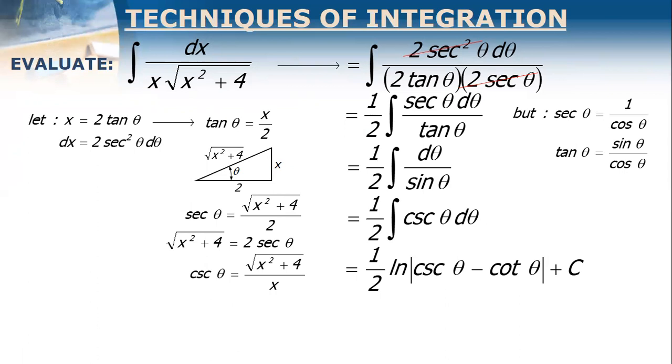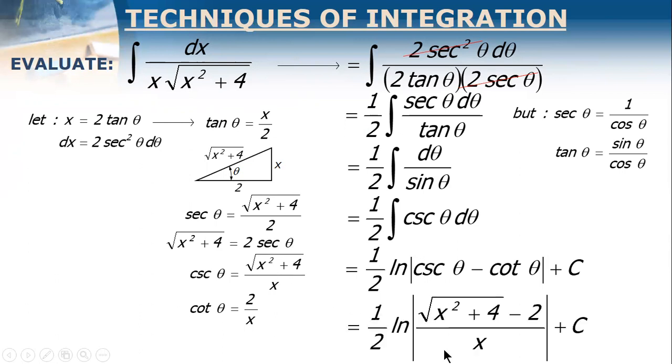Tangent is opposite over adjacent. Therefore, cotangent is adjacent over opposite, so it's 2 over x. So cosecant minus cotangent, this one minus this one. You can combine, they have the same denominator. So this is the final answer.